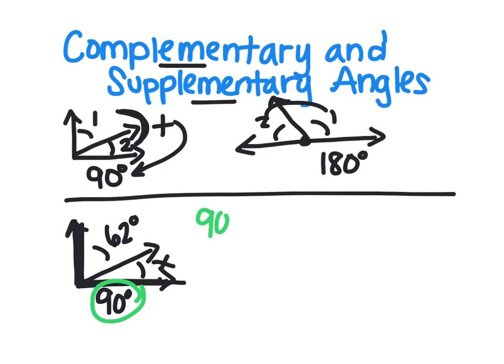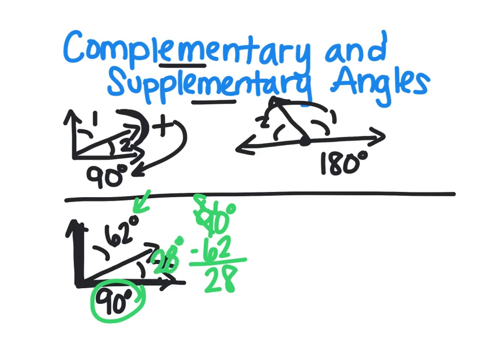So I'm going to take 90 degrees, and since we already have one of the angles that we know, 62 degrees, I'm going to subtract that. If I subtract these two numbers, I'm going to find out what the missing angle is. So again, I'm taking what I know the angle should add up to, 90 degrees, and subtracting what we already know. And when I subtract that, I get 28 degrees. So angle X is 28 degrees.